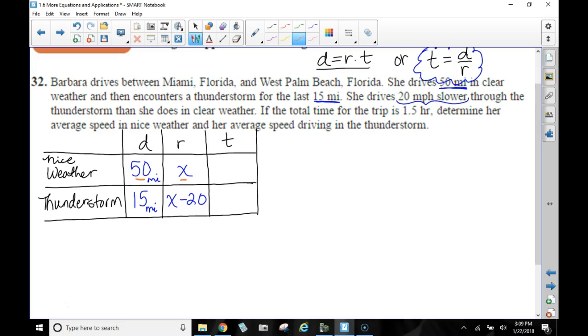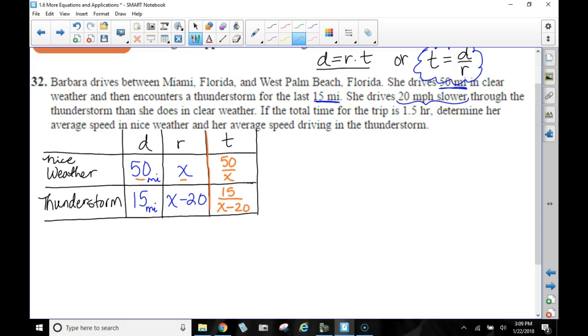So the time that she spent in nice weather can be expressed as 50 over x. And the time that she spent during the thunderstorm is her distance divided by her rate. That is 15 over x minus 20.